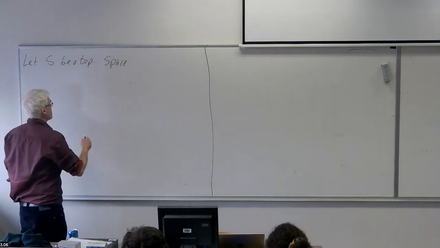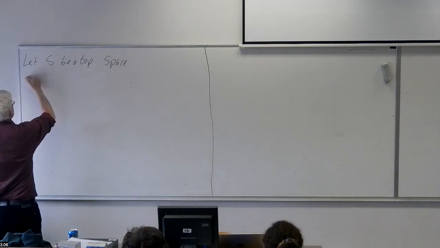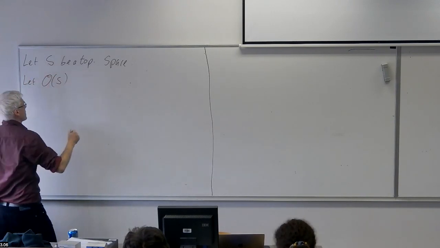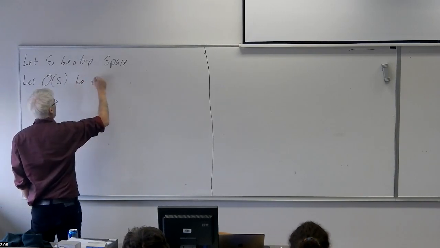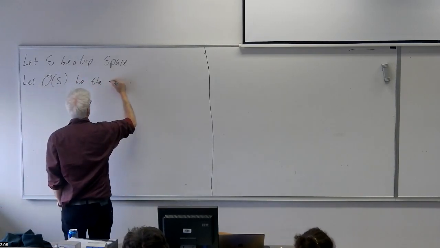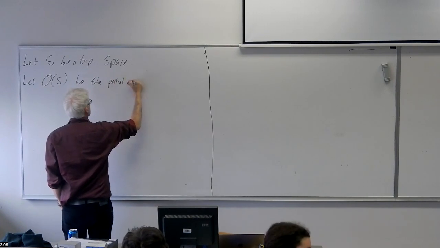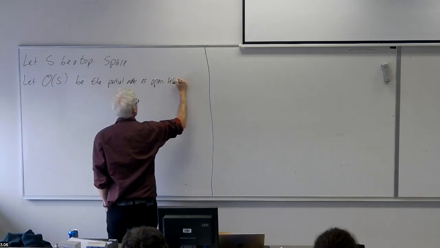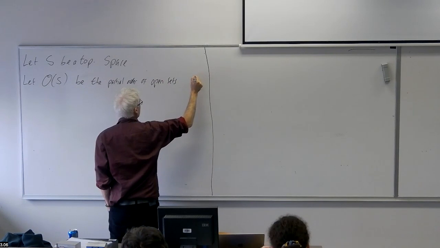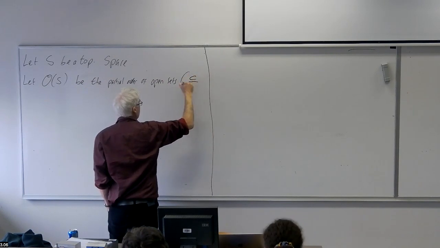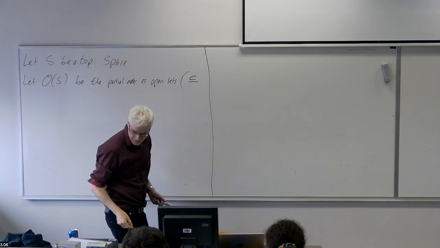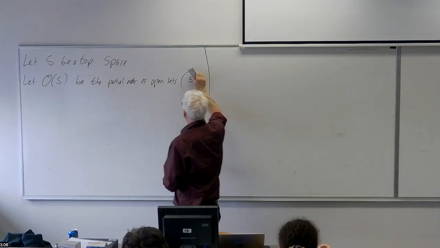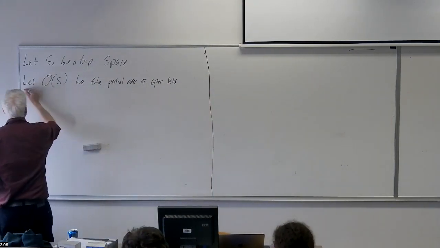It's a partial order under subset inclusion. So I'm going to write O of S for the collection of open sets, the partial order of open sets. So the partial order is ordered by inclusion, I should say really under subset inclusion.